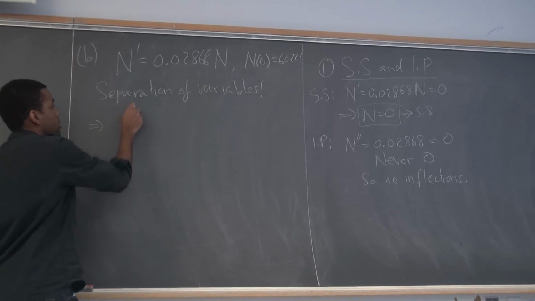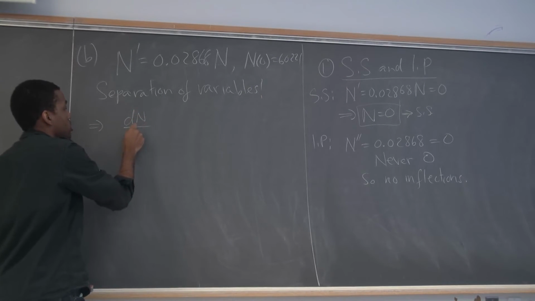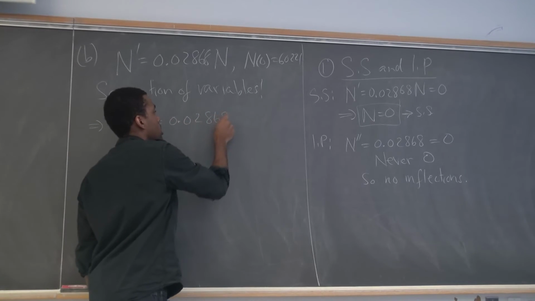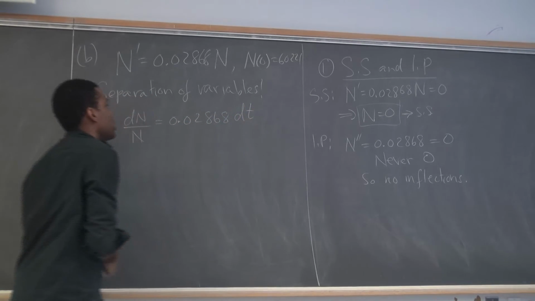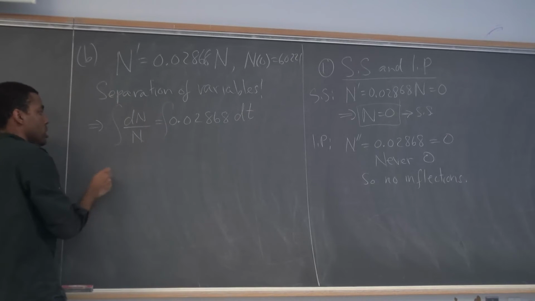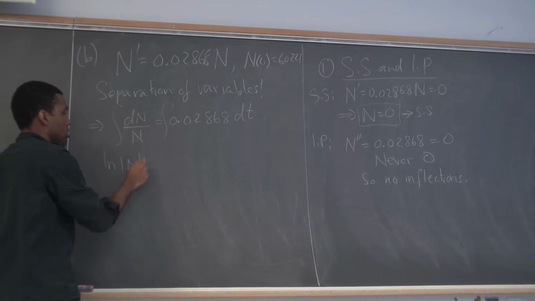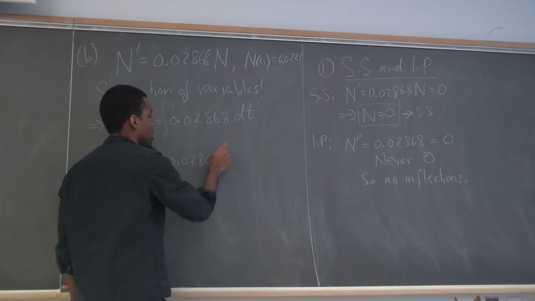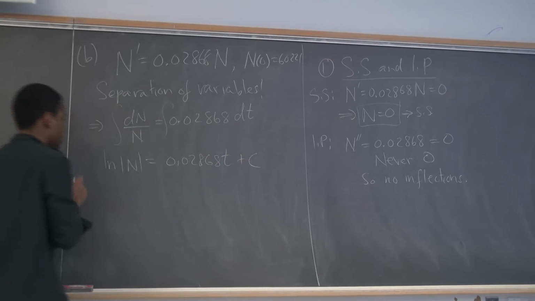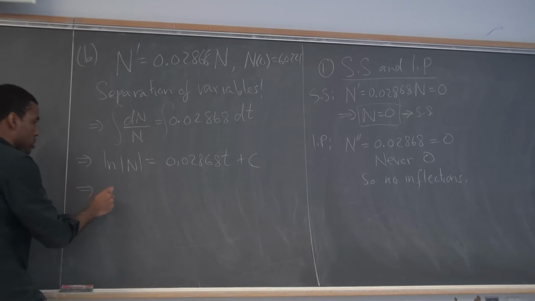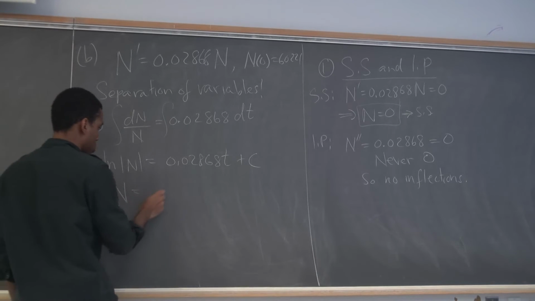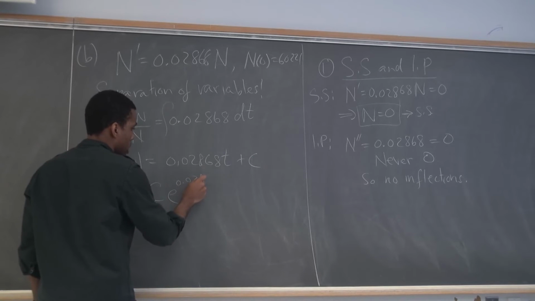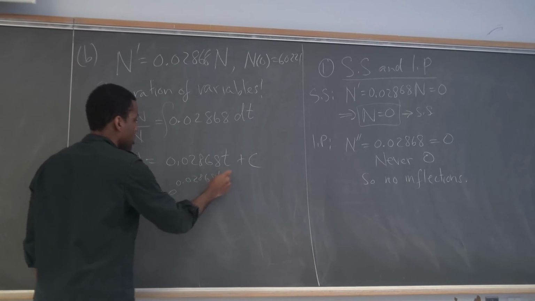This means I have dn over n is equal to 0.02868 dt. Integrate both sides. Here I get ln n equal to 0.02868 t plus a constant. This means my n is equal to c e to the 0.02868 t.